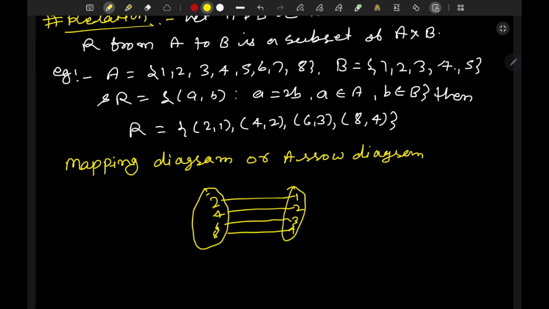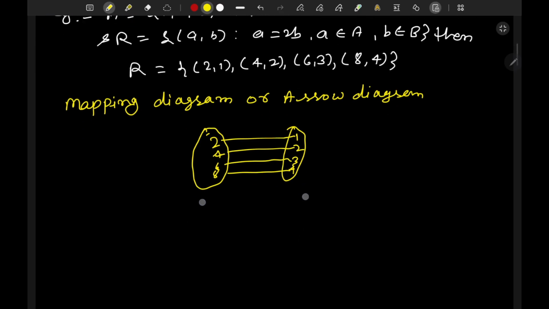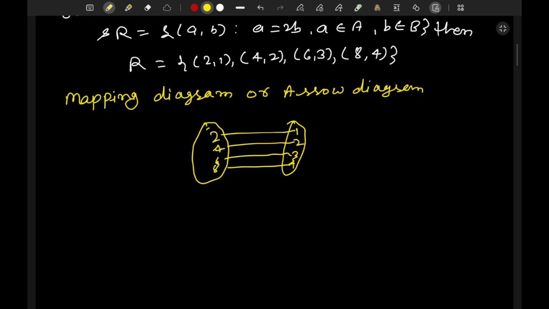This type of figure is the mapping diagram, also called the arrow diagram.